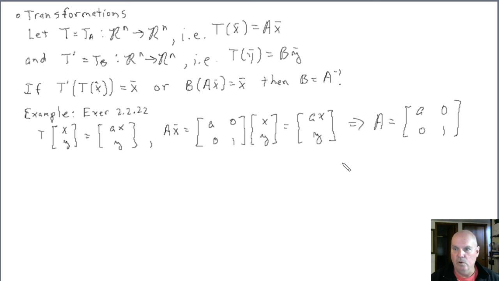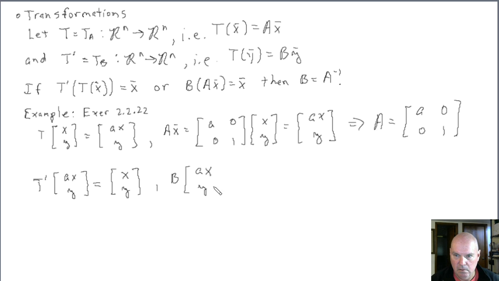Actually, this wasn't the problem. The problem was to find the inverse transformation, T prime, that would take ax, y and transform that back to x, y. Again, perhaps a pretty trivial example. In other words, find the matrix B so that B times [ax; y] gives us [x; y].